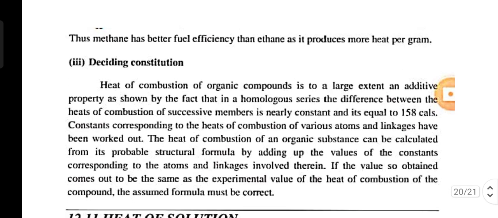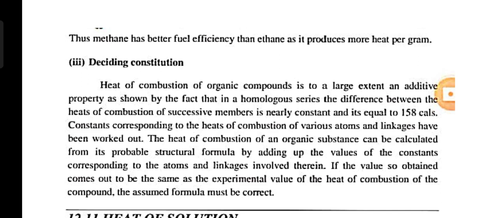Deciding constitution. Heat of combustion of an organic compound is to a large extent an additive property, as shown by the fact that in a homologous series the difference between the heat of combustion of successive members is nearly constant and is equal to 158 calorie. Constants corresponding to the heat of combustion of various atoms and linkages have been worked out.